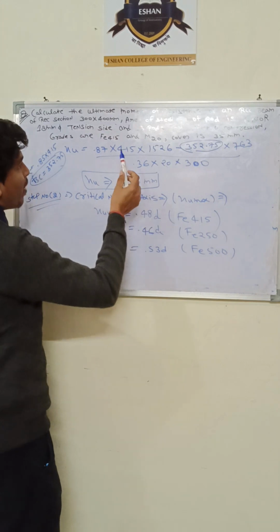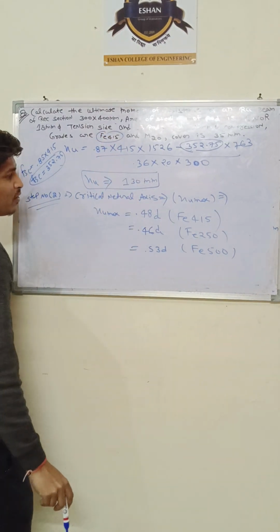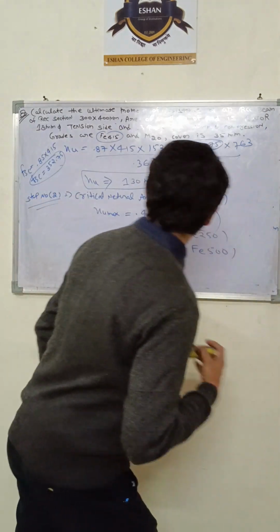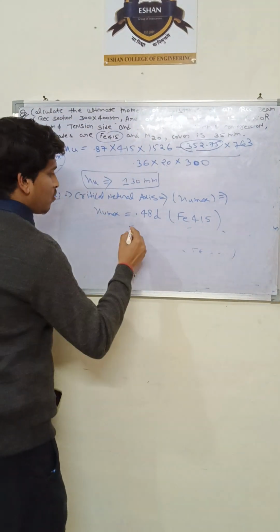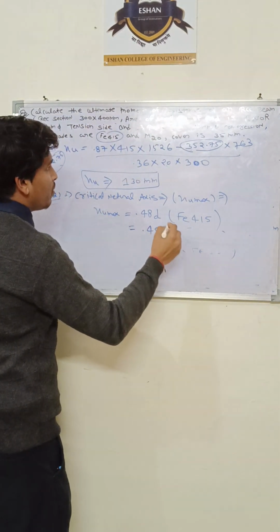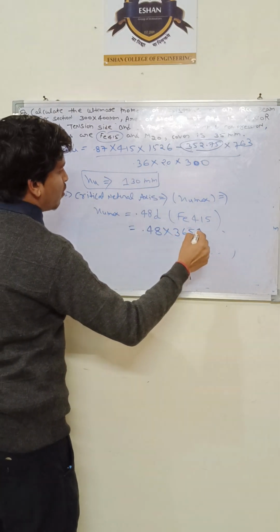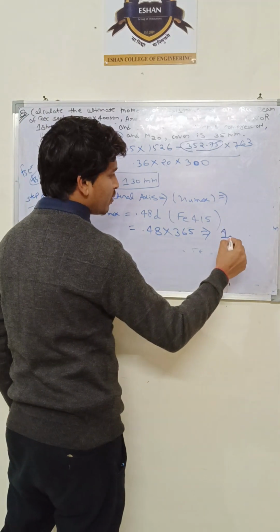In our numerical, the given grade is Fe 415, so we apply the Fe 415 formula: 0.48 times the depth of the beam, 365. When you calculate, you get nearly 175 mm.